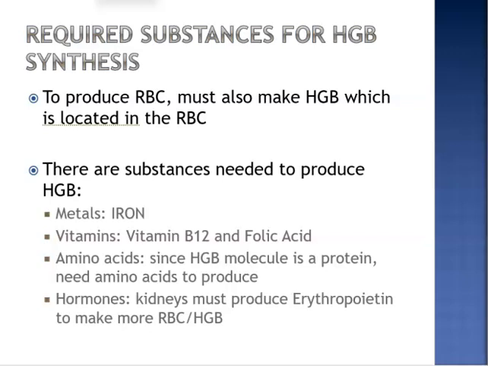We need some vitamins such as vitamin B12 and folic acid. We need amino acids, because hemoglobin is a protein and amino acids make up a protein. And we need hormones. The kidneys must produce erythropoietin to make more red blood cells and hemoglobin.